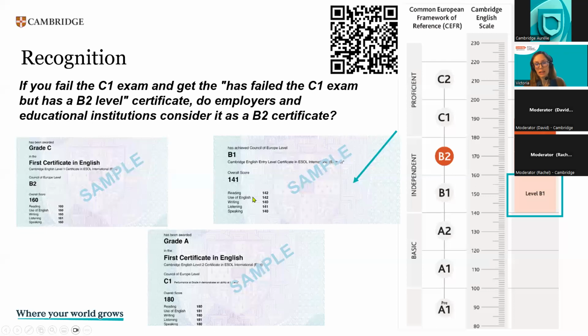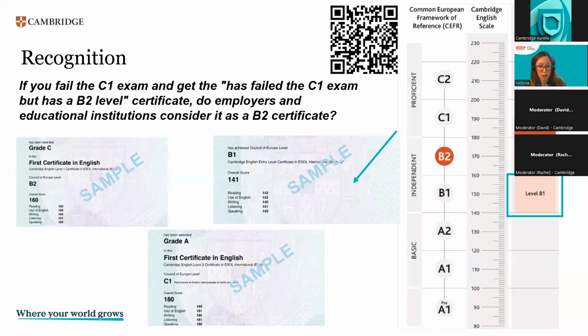Right, so these are the different options that you have. On our side, we are going to issue a certificate if you show an ability at B1, at B2, or at C1. Because we are confident that the exam allowed you to show that level of ability.